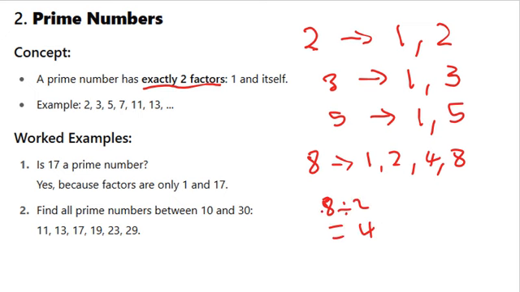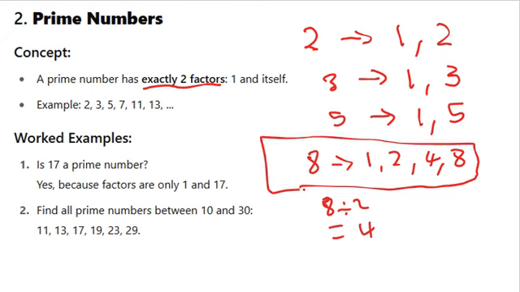That means 2 is a factor of 8. Even 4 is a factor of 8. So since this one has more than 2 factors, it cannot be a prime number. 8 is not a prime number.